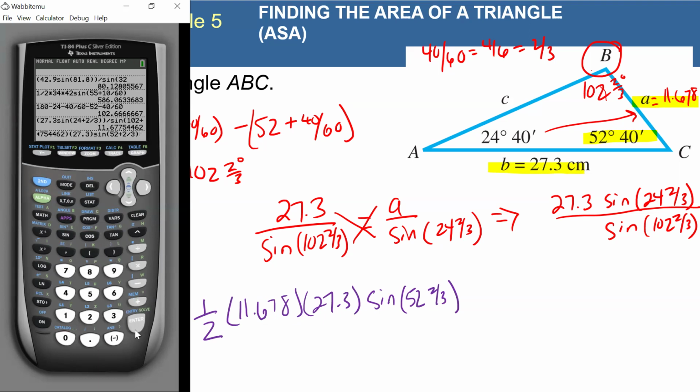How did we get C? Which C? Side? Angle C? Angle C was given to us. It's 52 degrees and 40 minutes. We had to find our A, and our B was given to us, and our C was given to us.